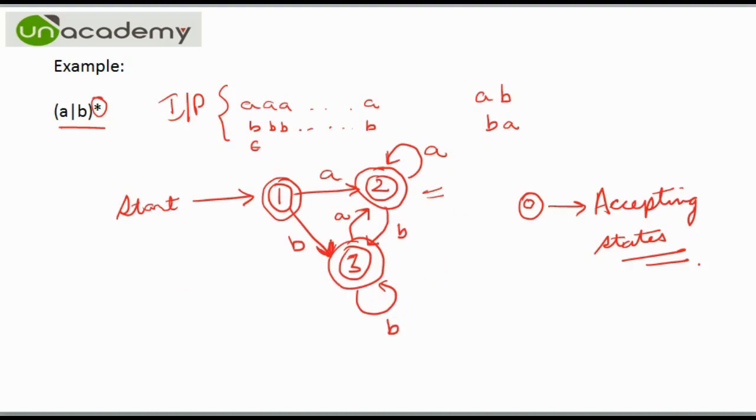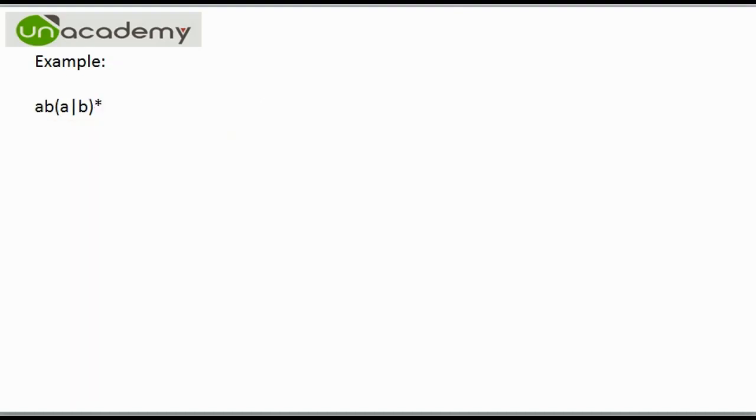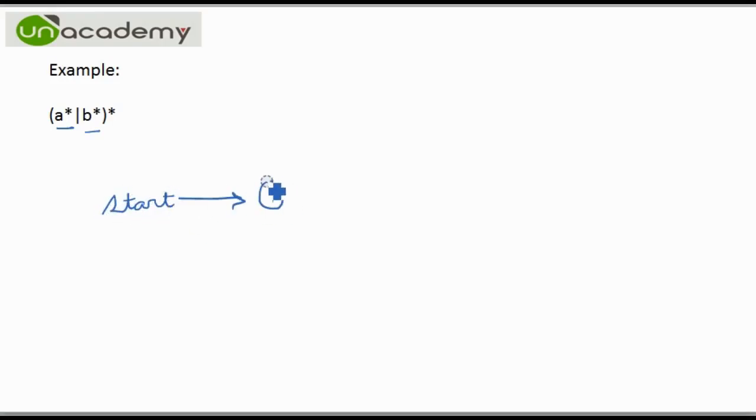Let us see one more example. In this example we have (A 0 or more occurrences, or B 0 or more occurrences), whole 0 or more occurrences. So let us start making the DFA for this. As usual, we have start state going to state 1.